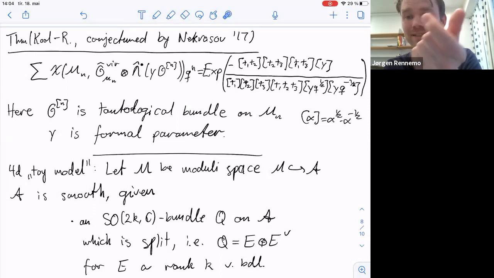What counted as numerical evidence for this conjecture was that there was precisely one way to choose the signs so that you got a nice answer, which is suggestive. And now we know there is a geometric reason why there's just one canonical choice of signs. So it was really based on a lot of numerical evidence, and it was a pretty safe bet that this conjecture would hold.